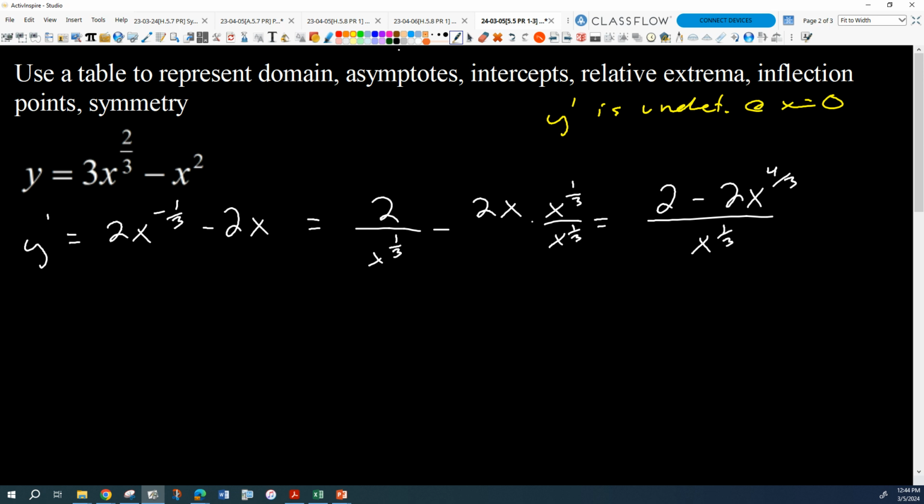We want to know, when is the numerator 0? So y prime equals 0 when the top is 0, in other words, when 2x to the 4/3 equals 2, which occurs when x to the 4/3 equals 1.